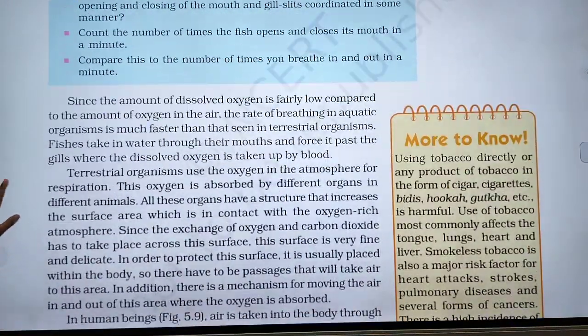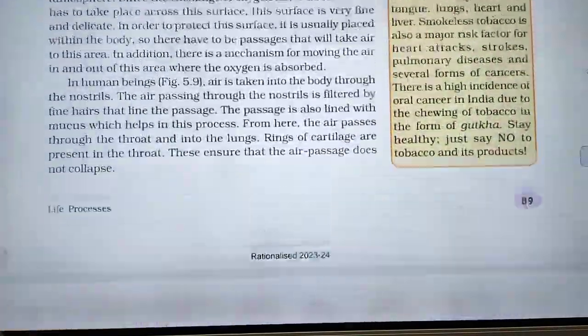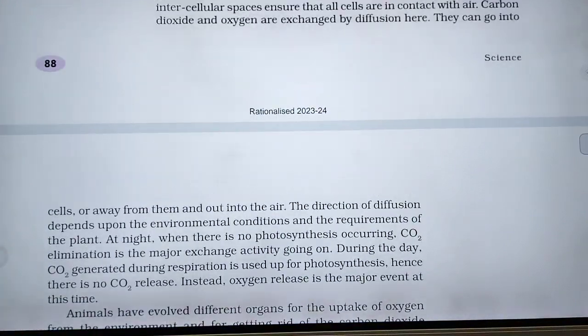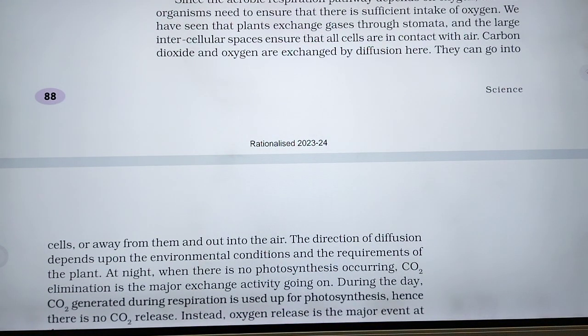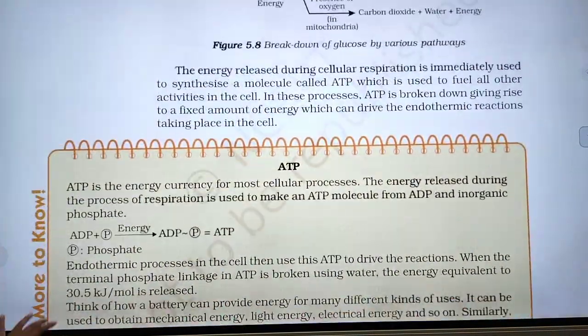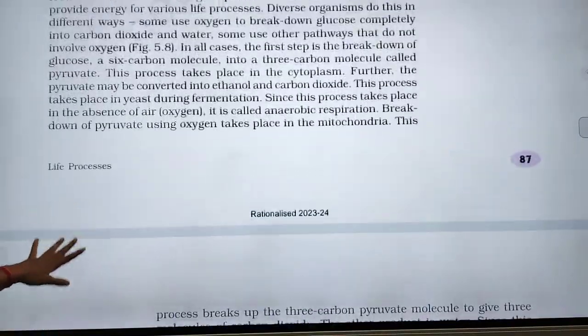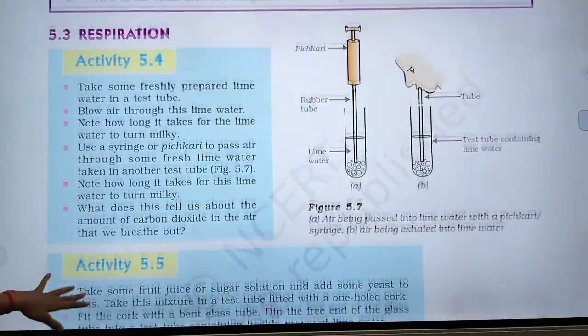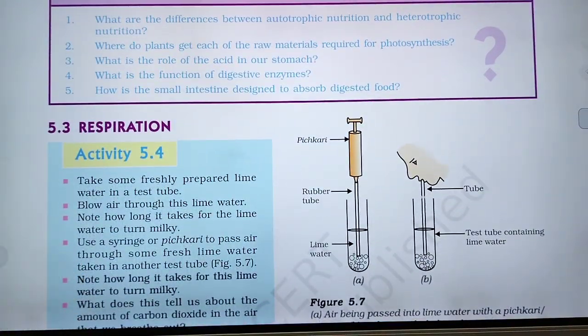One more activity is given here. So I hope you understand all this about respiration: in aerobic respiration oxygen is present, but in anaerobic respiration oxygen is absent.